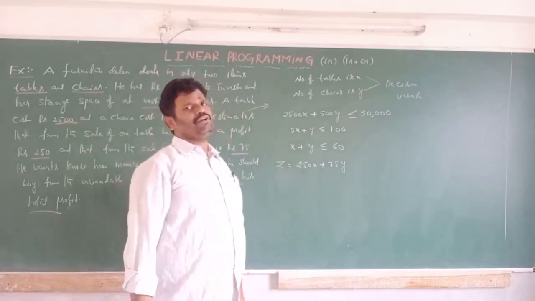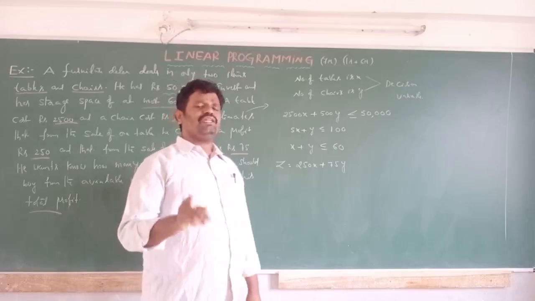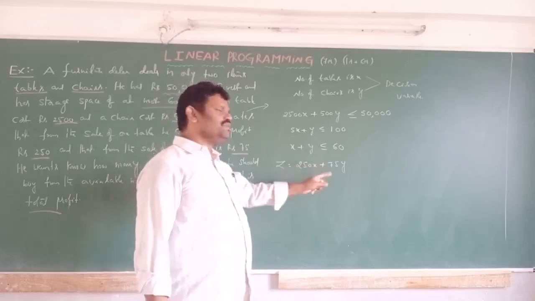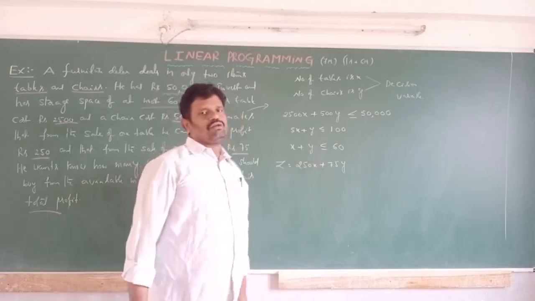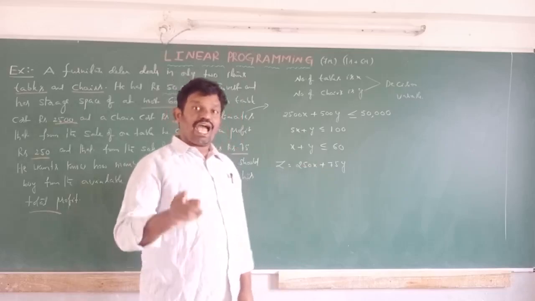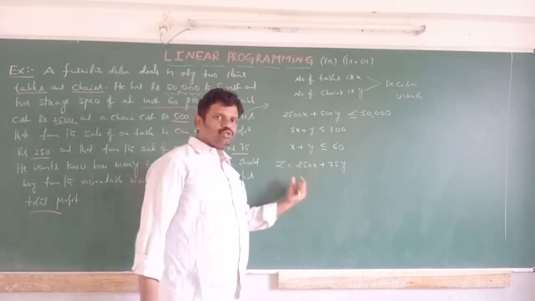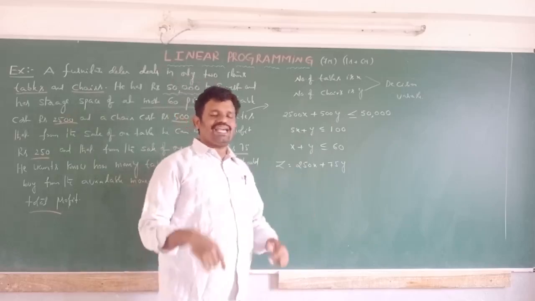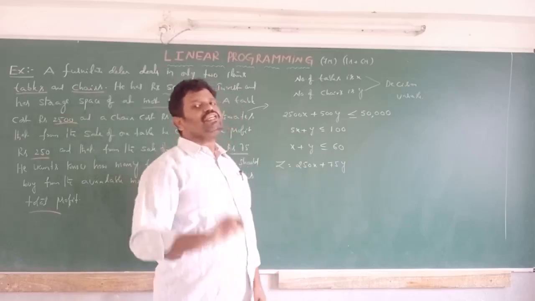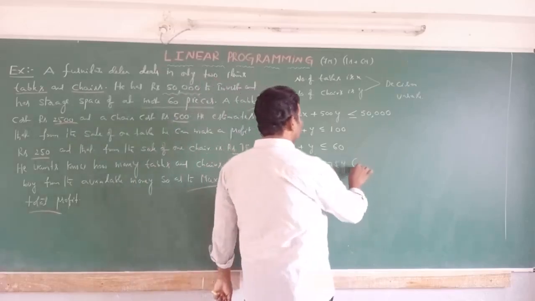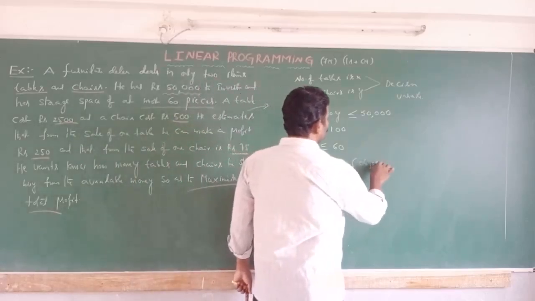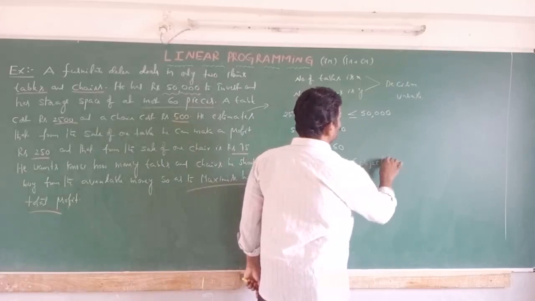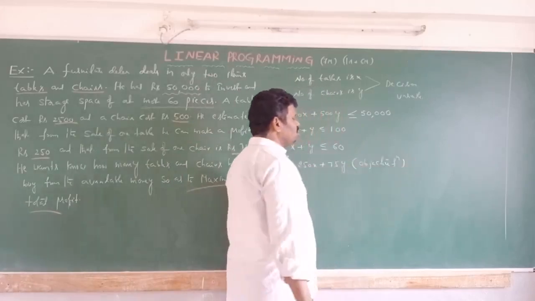So objective function means what? The linear function z equal to ax plus by, where a, b are constants, which has to be maximized or minimized. Such a linear function is said to be the objective function.